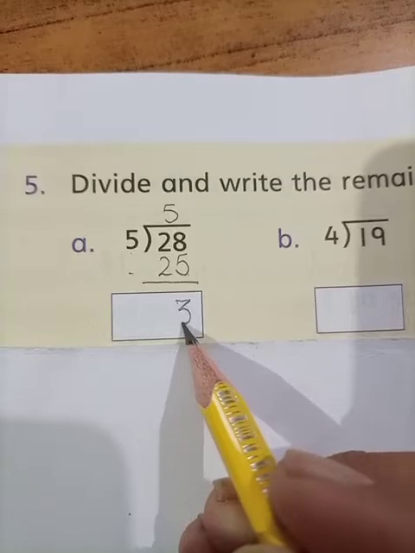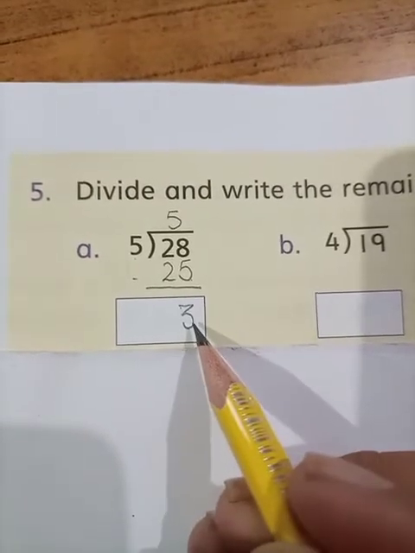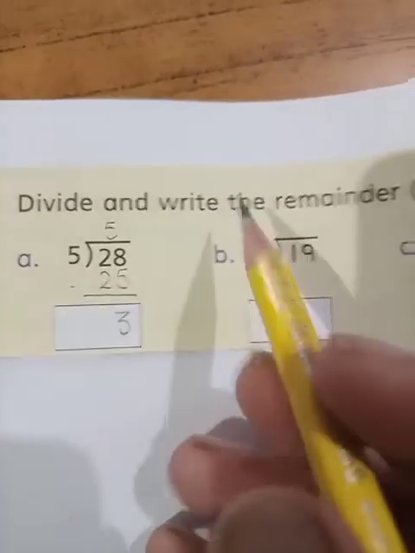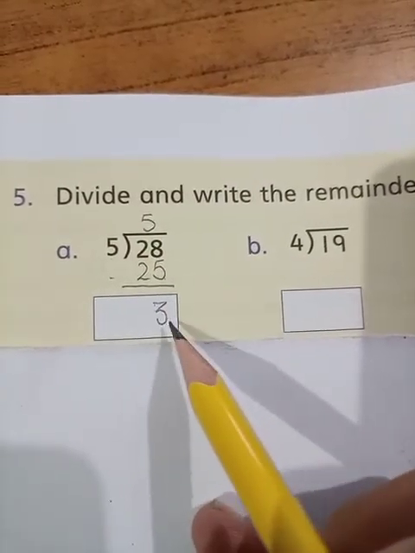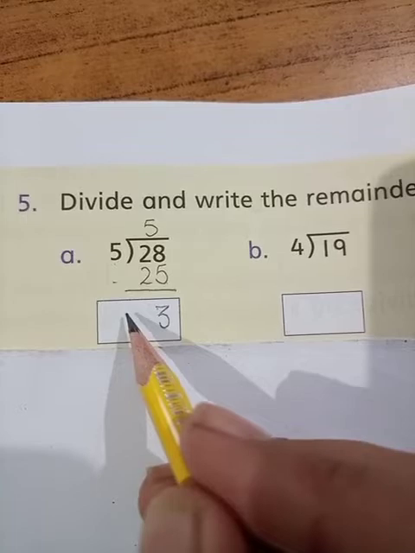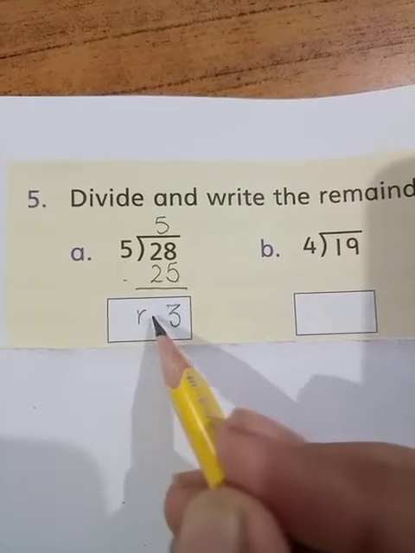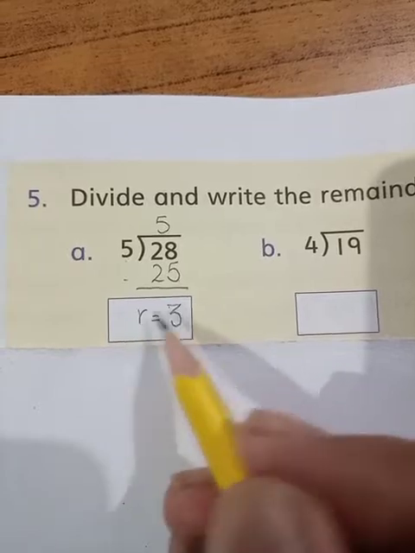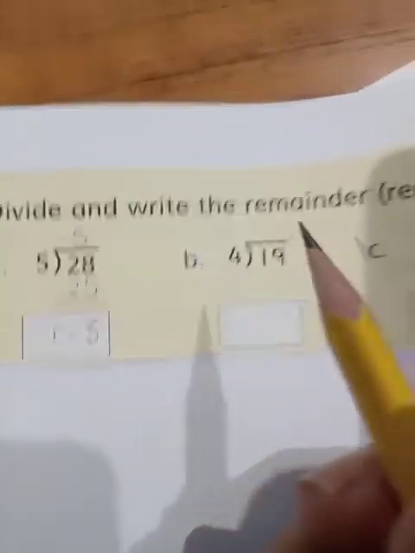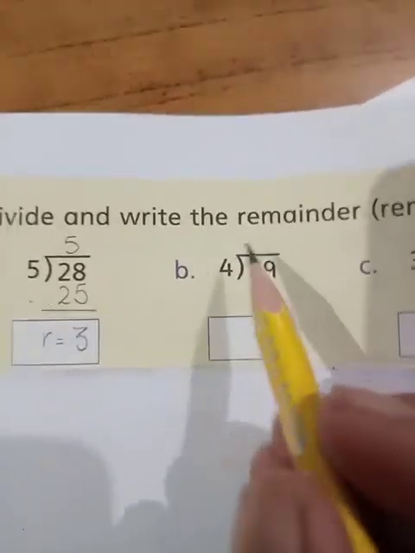Very good. Now students, this 3 is our remainder. So look, we have divided our question and we have written the remainder. You can write the R with this too, because this R shows that this one is our remainder. Come towards the next part.